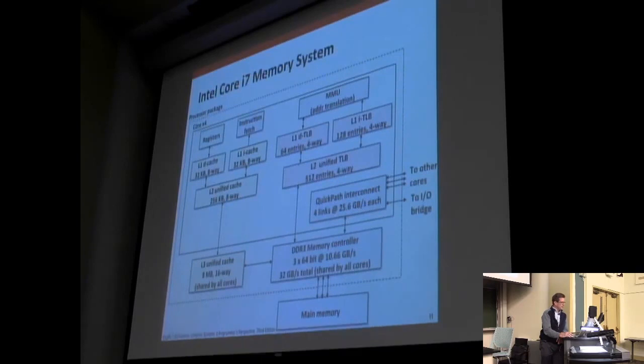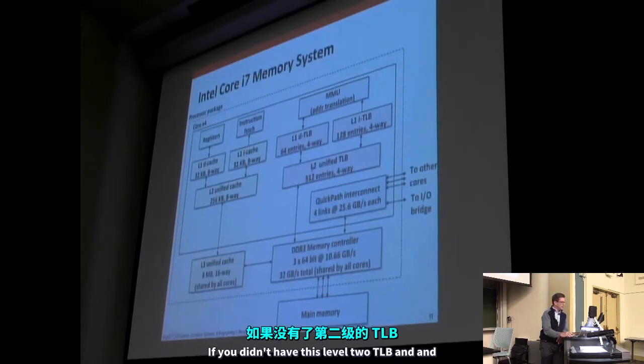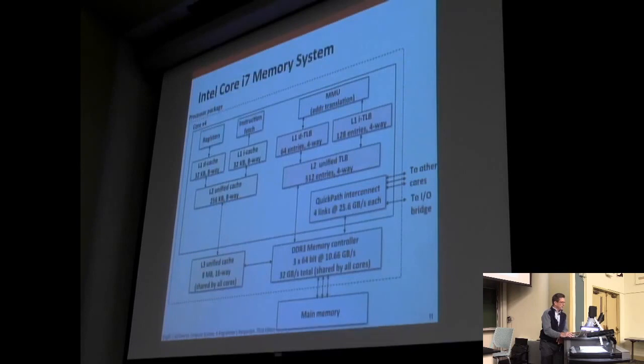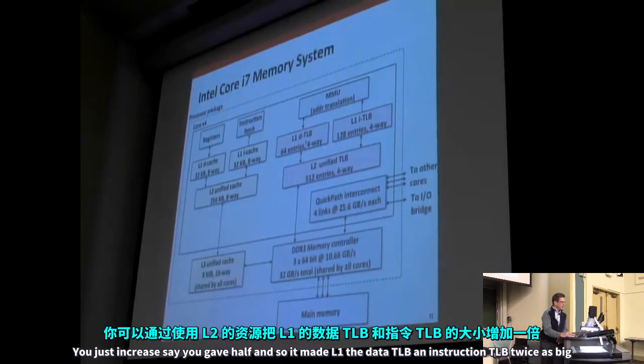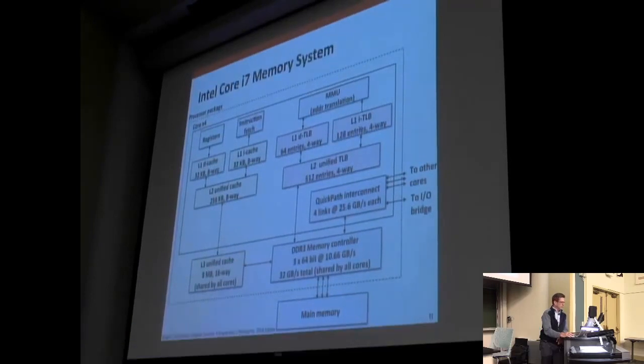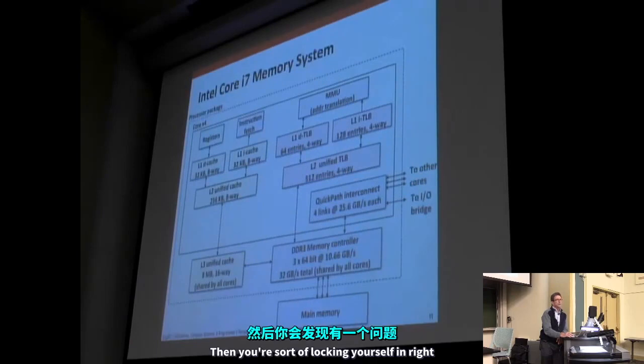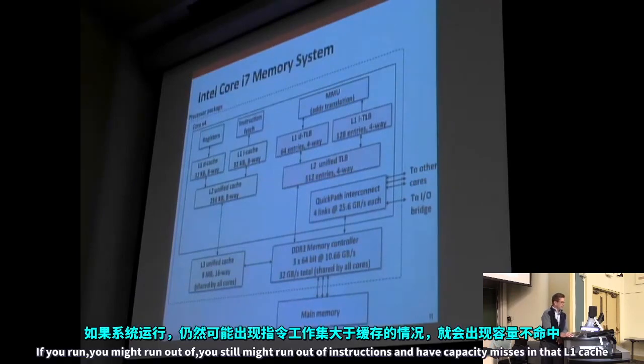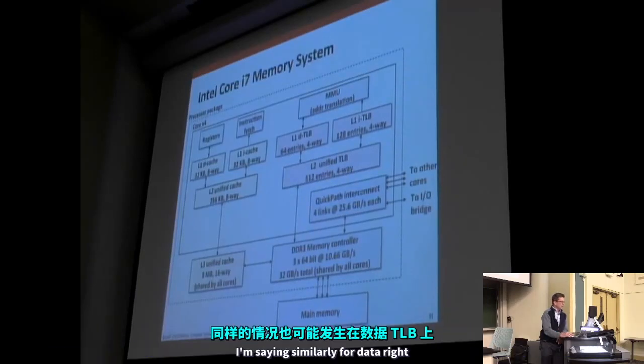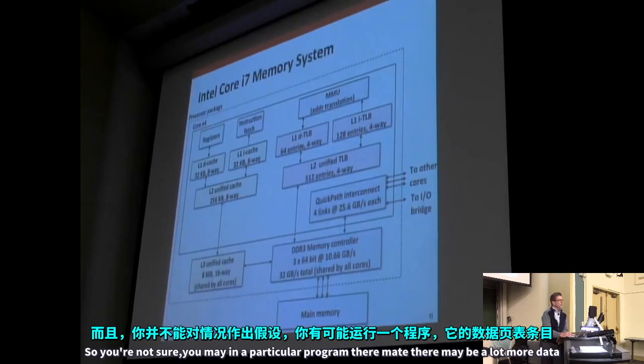So if you didn't have this level 2 TLB and you just gave half, and so made the L1 data TLB and instruction TLB twice as big, then you're sort of locking yourself in, right? You still might run out of instructions and have capacity misses in that L1 cache, and similarly for data, right?